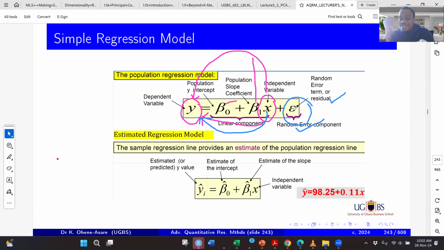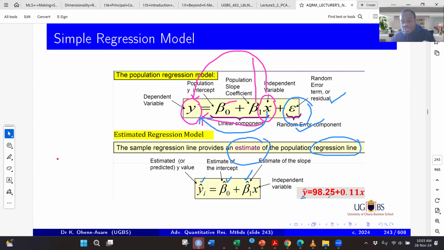The essence of the regression is to estimate the model. And so here you can see that we are talking about the estimated regression model. Once you estimate the regression model by using a principle called fitted line or OLS, we shall come to that, you will now get a new regression, no longer a model, but an equation. In this equation, the Y is capped because we now know the actual relationship, and the betas are capped because we know the actual value.